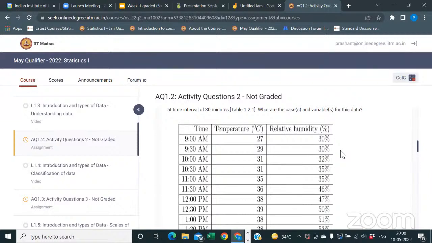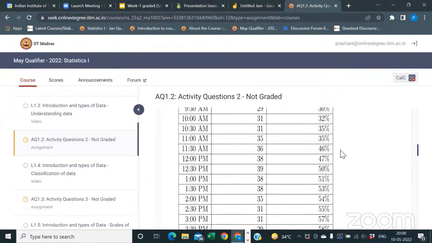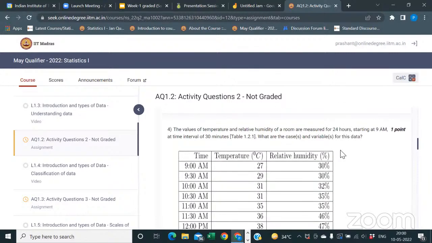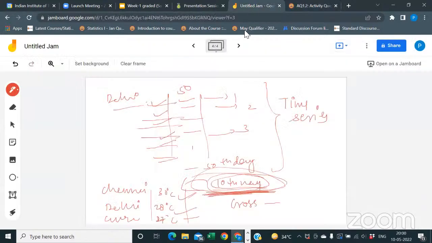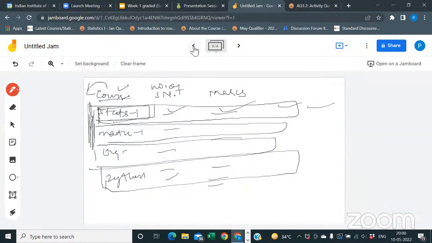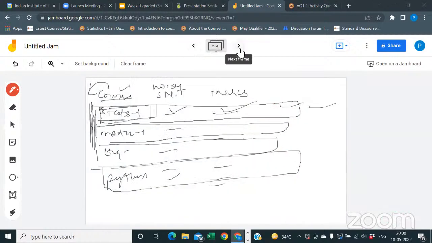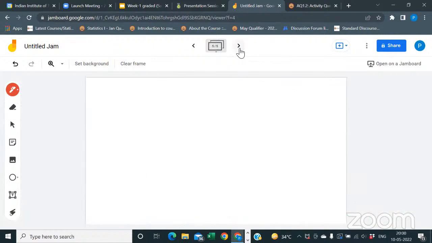I mean 9, 9:30, 10, 11:30, 12: these are all cases. And time is a variable because time has a column. Suppose I'm saying time, it has a column. A variable has its own column.